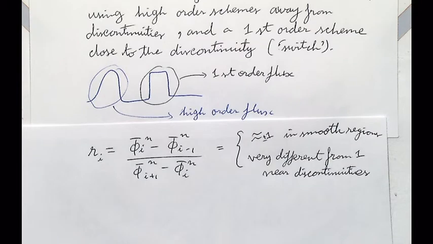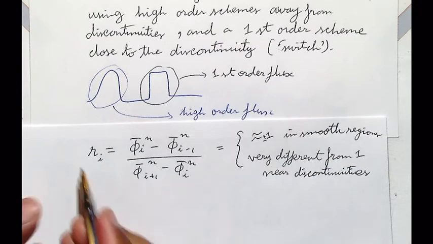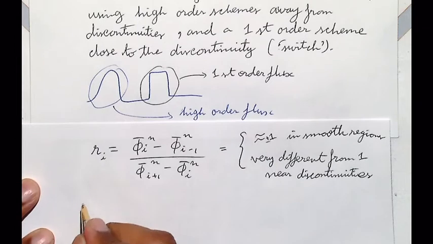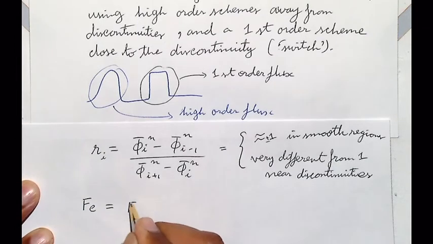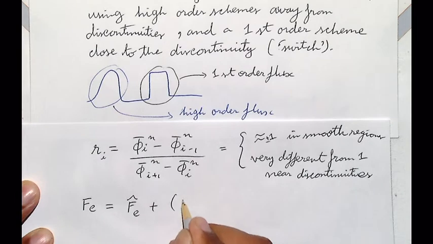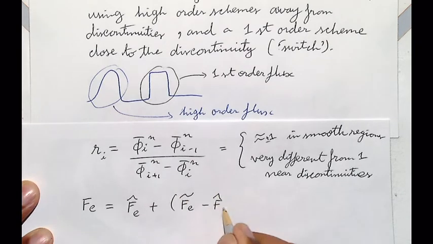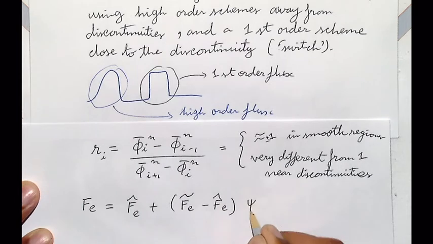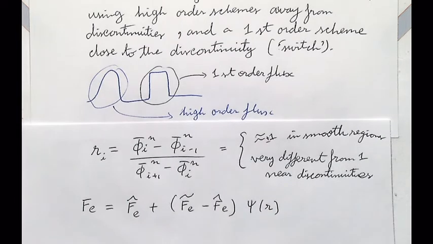And how is this used? This Ri actually goes into the flux. Flux E is defined as flux hat E plus (flux tilde E minus flux hat E) times C of R. So what are these?